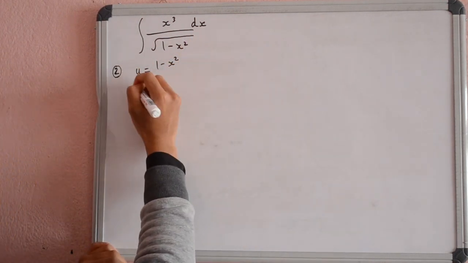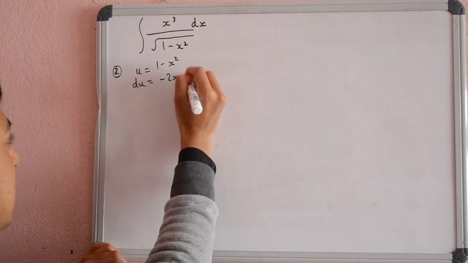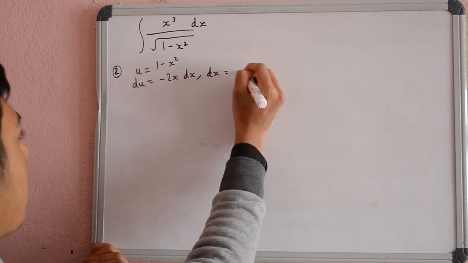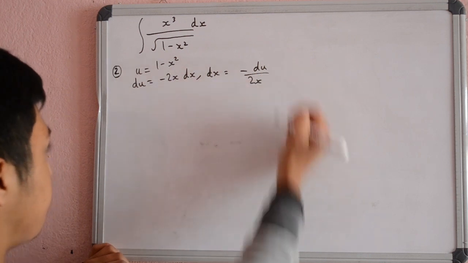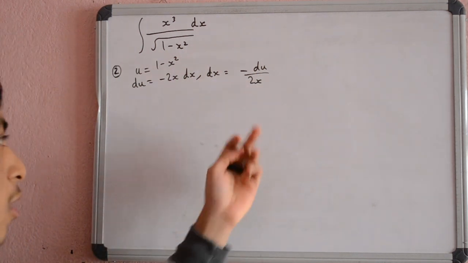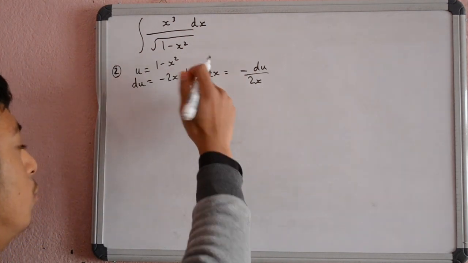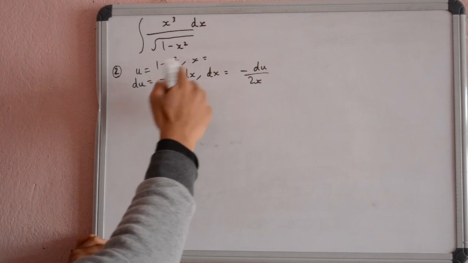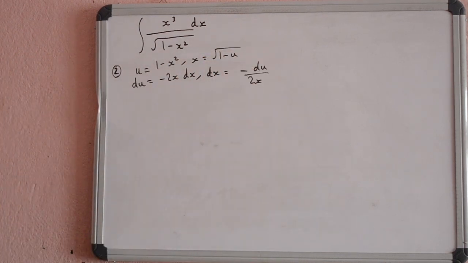So here, differentiating both sides, we'll get du equals minus 2x dx, and dx will be equal to minus du by 2x. So again we have the x over here, but we purely want that in terms of u.